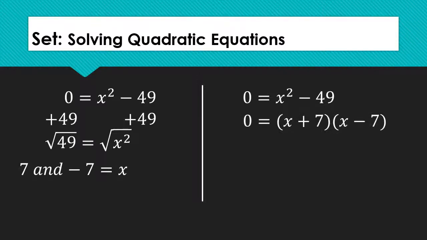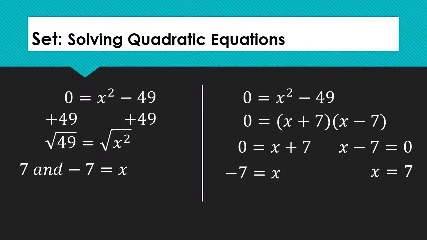On the right side, we're looking at the factoring method. For the factoring method, again, we're looking for two linear factors whose product will equal x squared minus 49. And we are left with x plus 7 times x minus 7. We're going to set each of those equal to 0 because we're looking for the value of x.